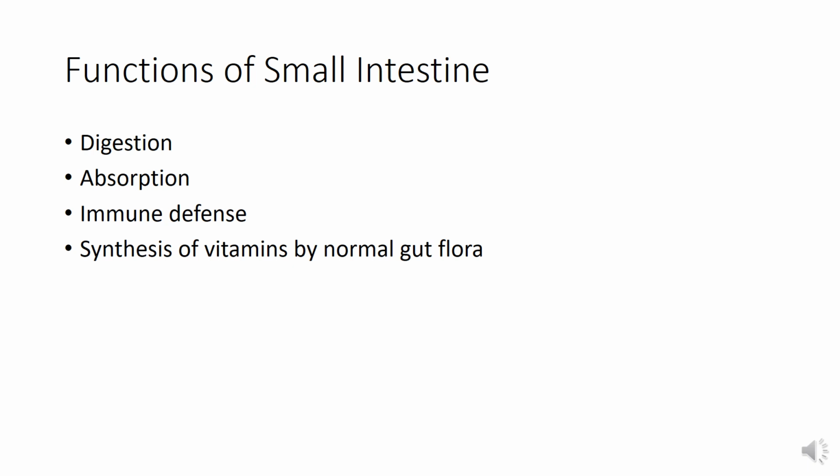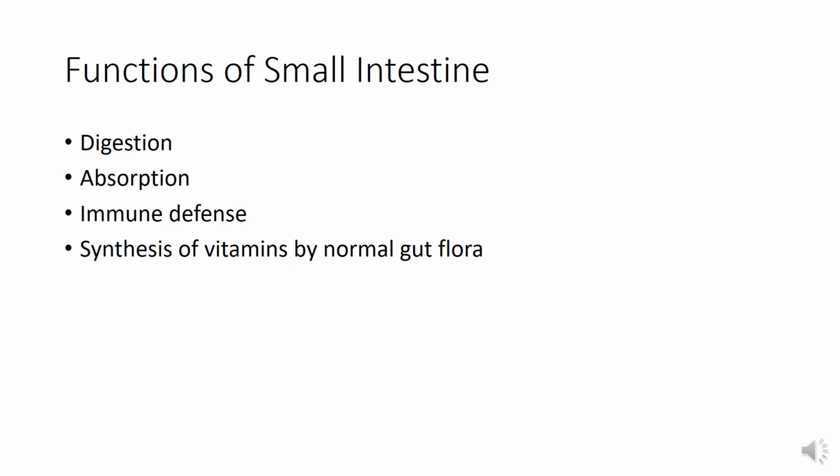Immune defense. Now, the small intestine also contributes to the immune defense of the body by means of the gut associated lymphoid tissue. So, we will see what kind of lymphoid tissue is present in the small intestine. Synthesis of vitamins by normal gut flora. The normal gut flora, also called the gut microbiota, consisting of bacteria, archaea, fungi, normally live in the digestive tract of humans and other animals.